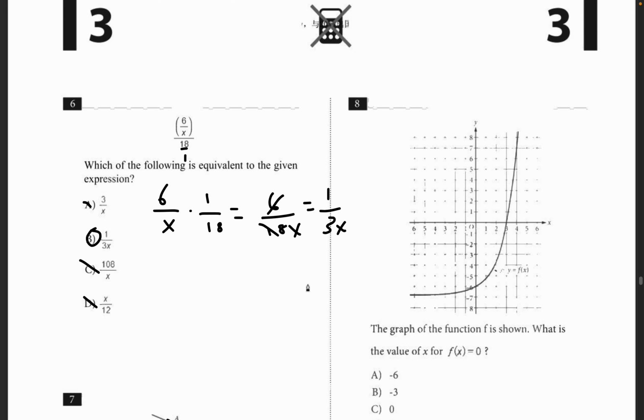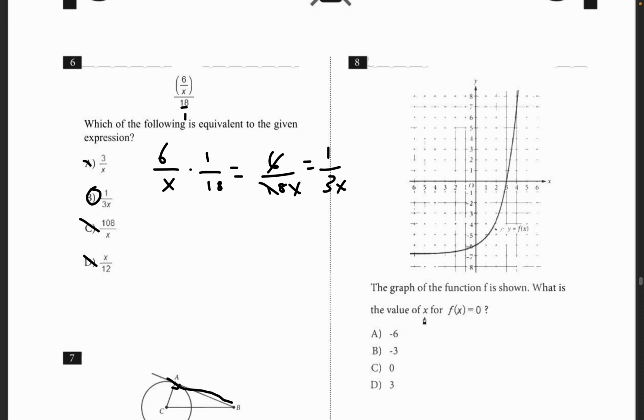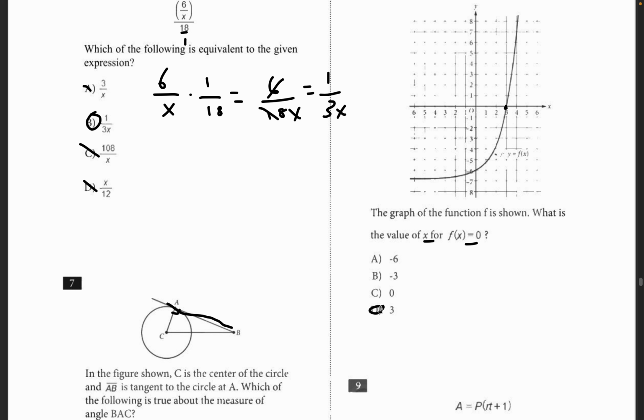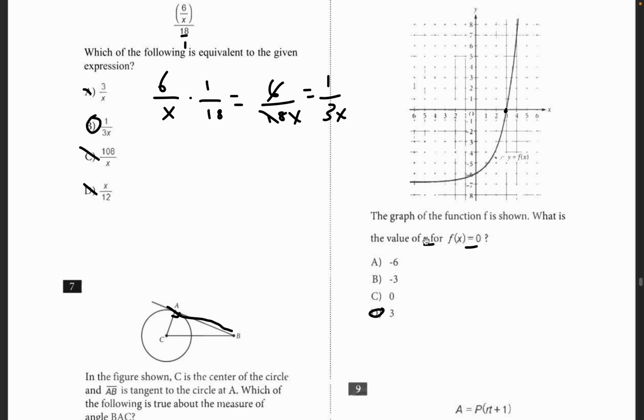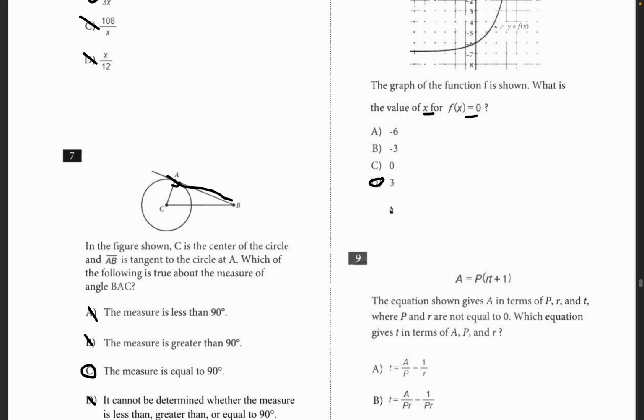Next, what is the value of x? So this is saying when y equals 0, the x-intercept is when y equals 0, so x equals 3. If it said what is the value of y when x equals 0, that's the y-intercept.